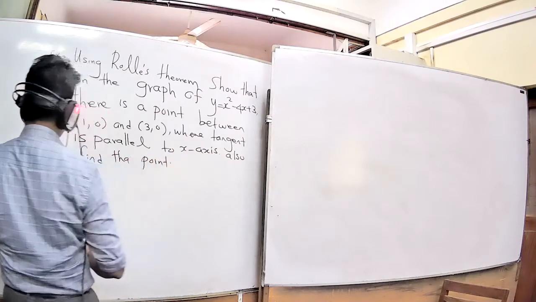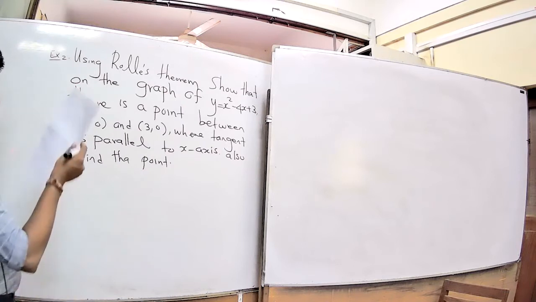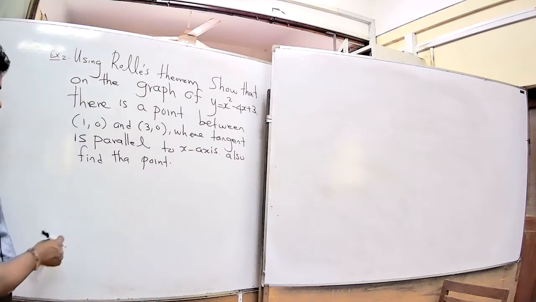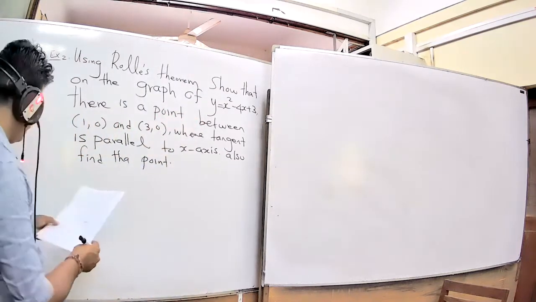That means they ask, by using Rolle's theorem, you have the graph, right? From the picture description, you will easily understand.